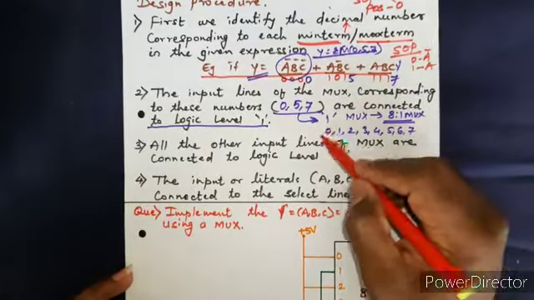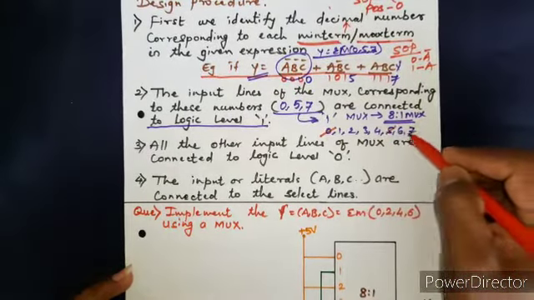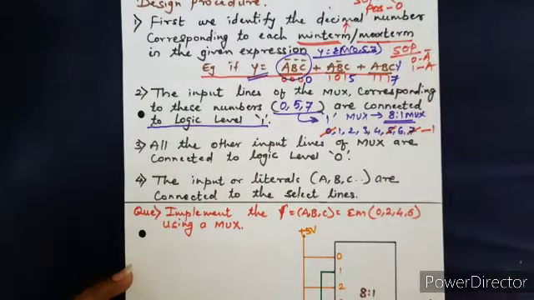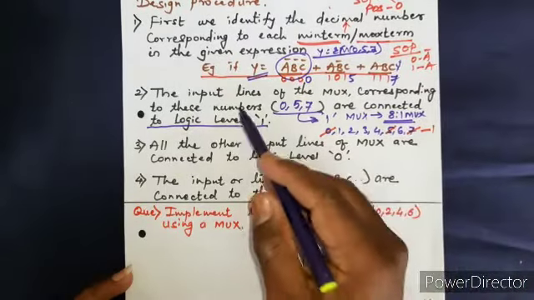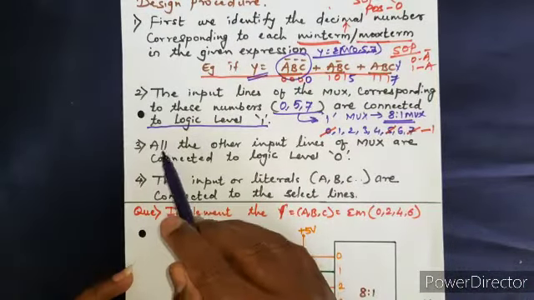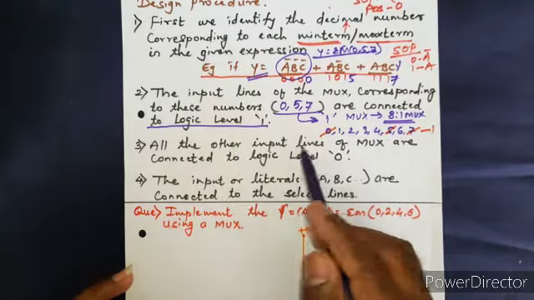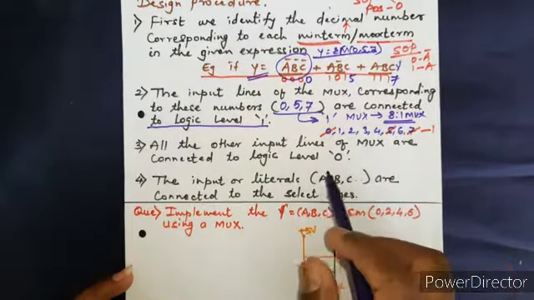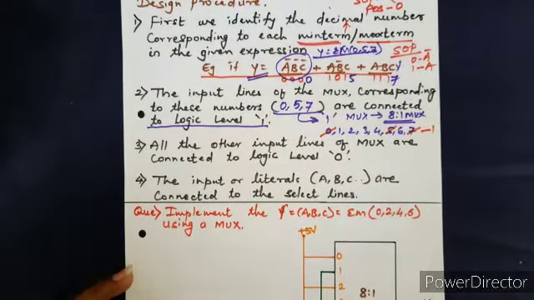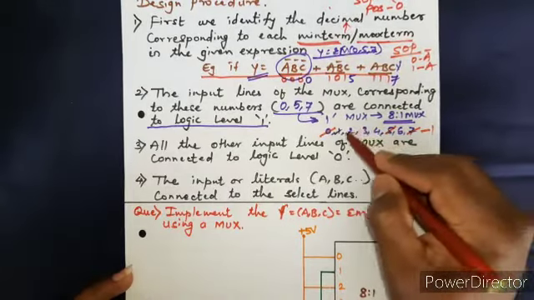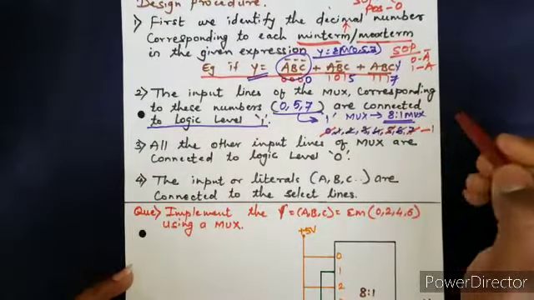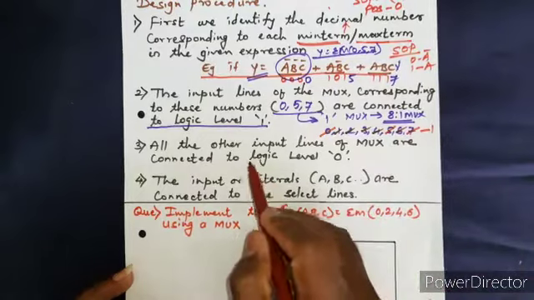Out of these, 0, 5 and 7 are connected to 1, as we saw in the second step. Now all the other input lines of the mux, that is 1, 2, 3, 4, 6, are connected to logic 0.